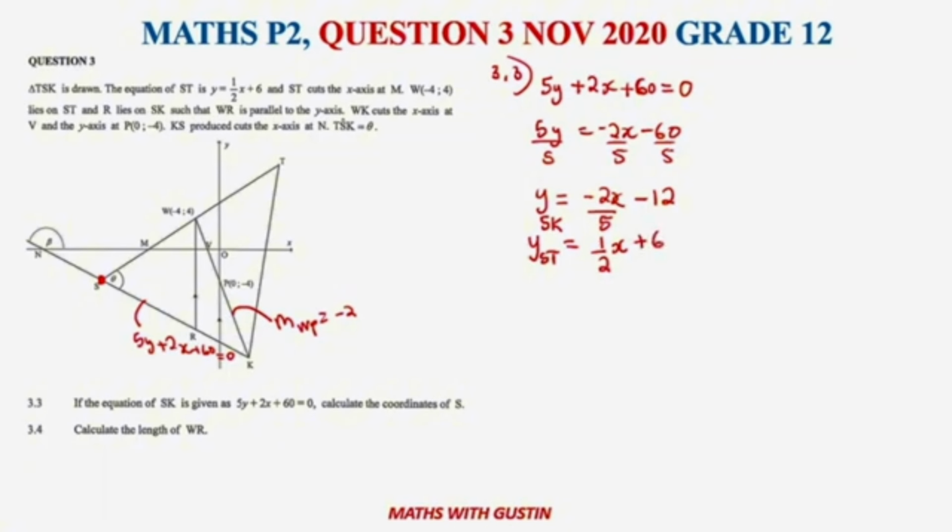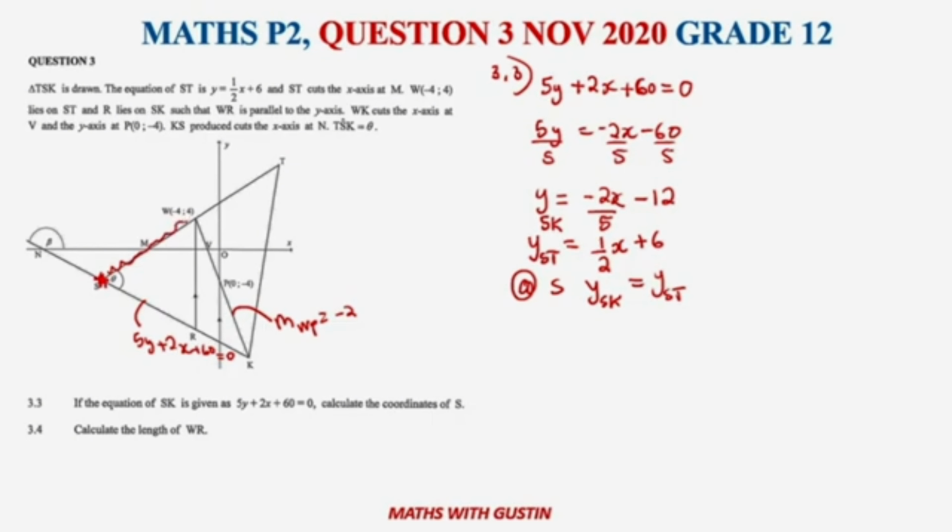Great stuff. So now the only thing that we can do, we know that at point S, these equations are equal because it is the point of intersection between the two straight lines. So this is where they're intersecting here, guys.